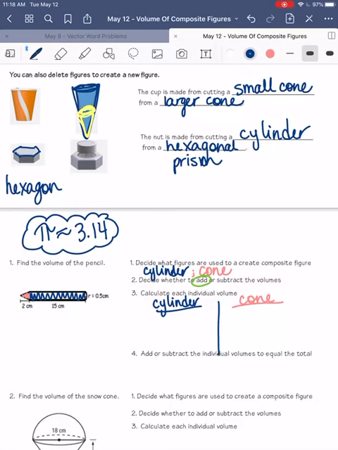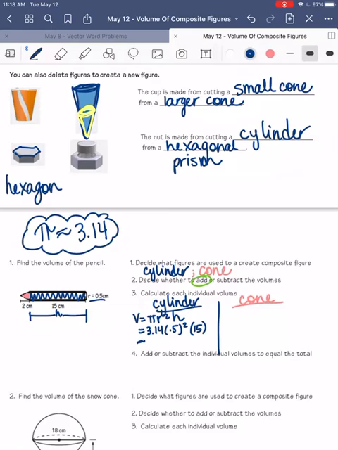Okay, so the cylinder formula goes pi r squared h. So we're going to put 3.14 times, okay, what's the radius of that cylinder? The radius is here, 0.5 centimeters. And then our height, instead of doing dots, let's do parentheses, so it doesn't get confusing. The height is here. Well, it's not of the whole pencil, it's just of the cylinder, it is 15.